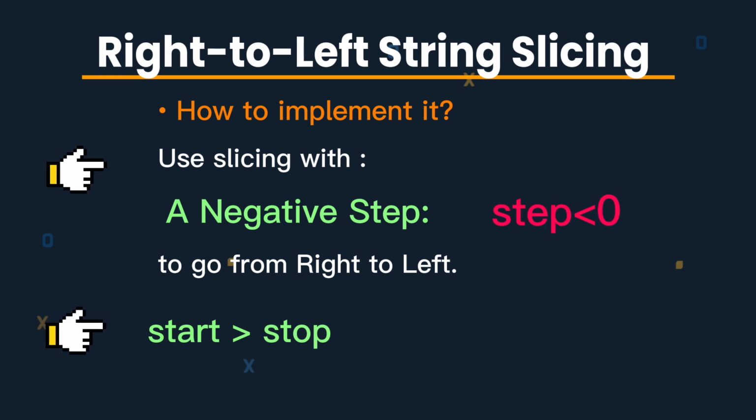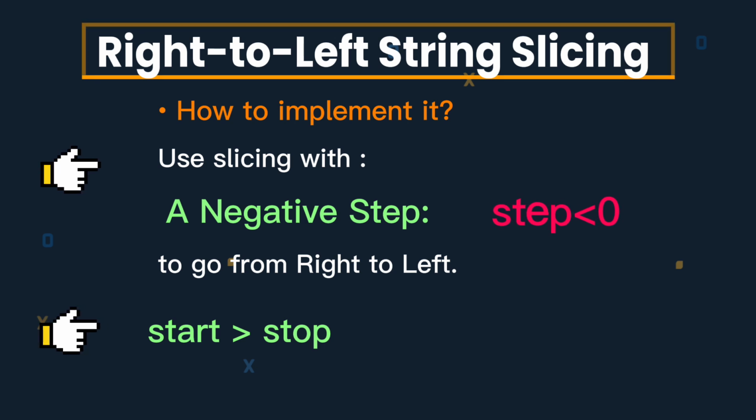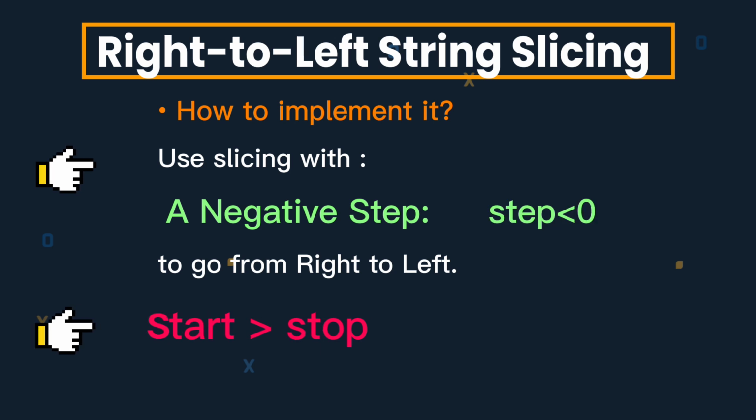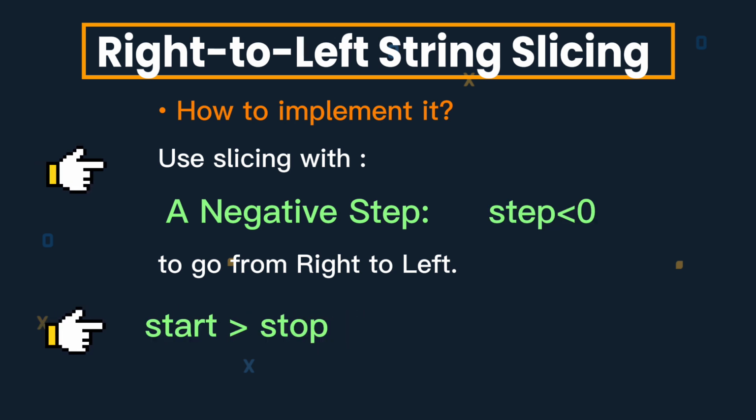First, we must choose a negative step value. This tells Python that we want to move through the string in reverse order, from right to left. Second, the starting index must be greater than the stopping index. These two conditions work together to guide Python through the string in reverse, just like flipping through the pages of a book from the back to the front.